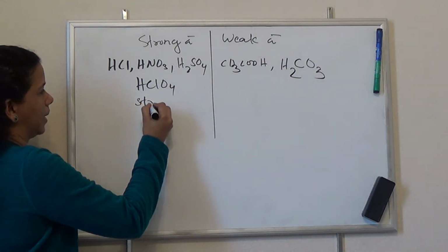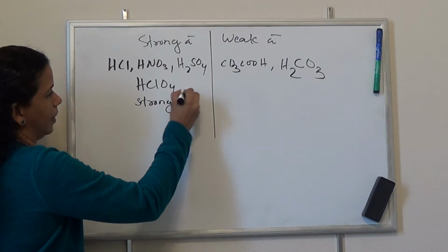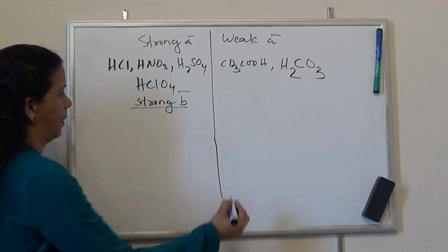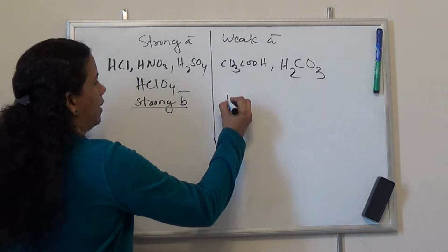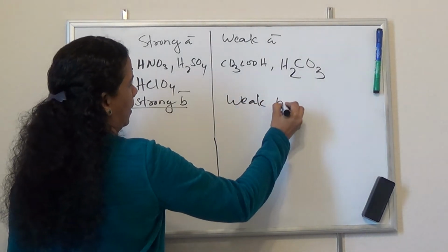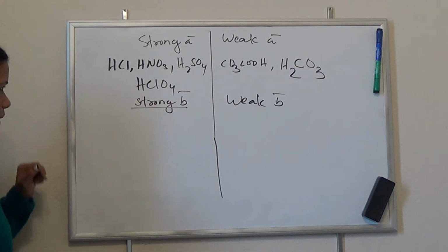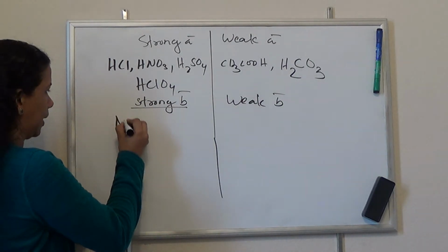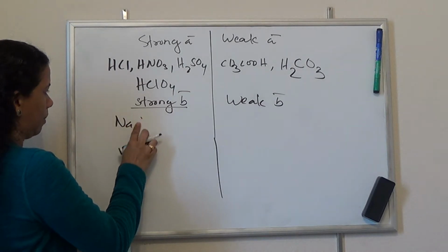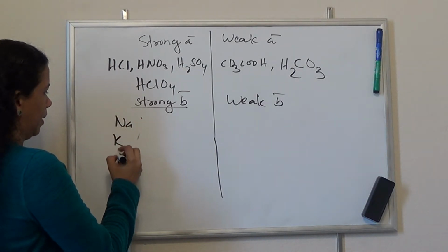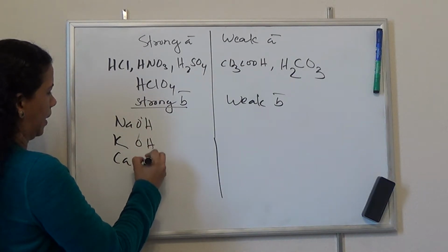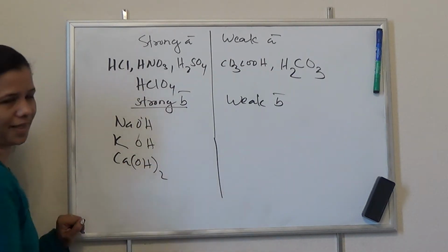Then strong bases and weak bases. Strong bases are metals with low ionization enthalpy like sodium, potassium, calcium; all their hydroxides will be strong bases.